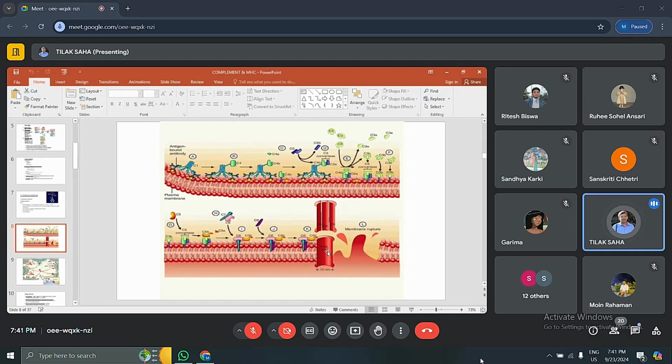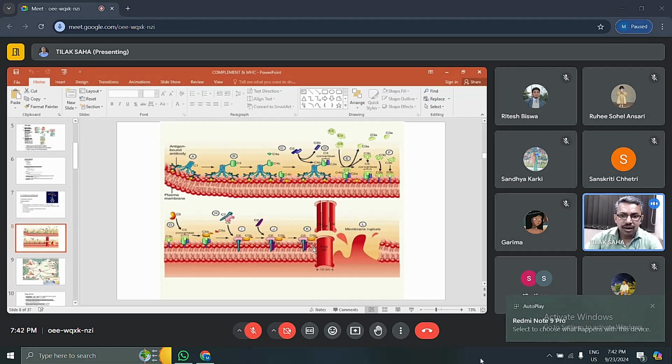Many of the C9 molecules are engraved on the site where this C5b678 molecule is there. Multiple copies of C9 molecules along with the C5b678 form a MAC. So what is the formula of MAC? C5b678 poly 9.